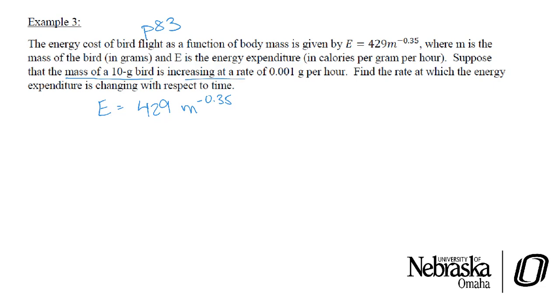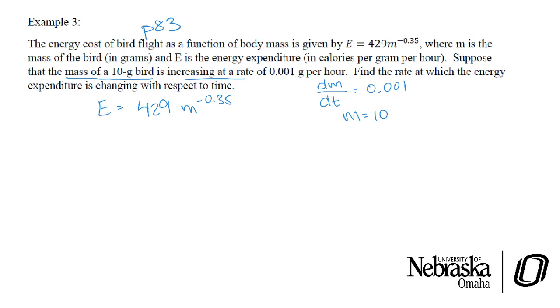So the mass is increasing at a rate of 0.001 grams per hour. So that would be that the change in mass with respect to time, dm/dt, is 0.001, because it says m is the mass of the bird in grams. So the mass of a 10-gram bird means our m is equal to 10.